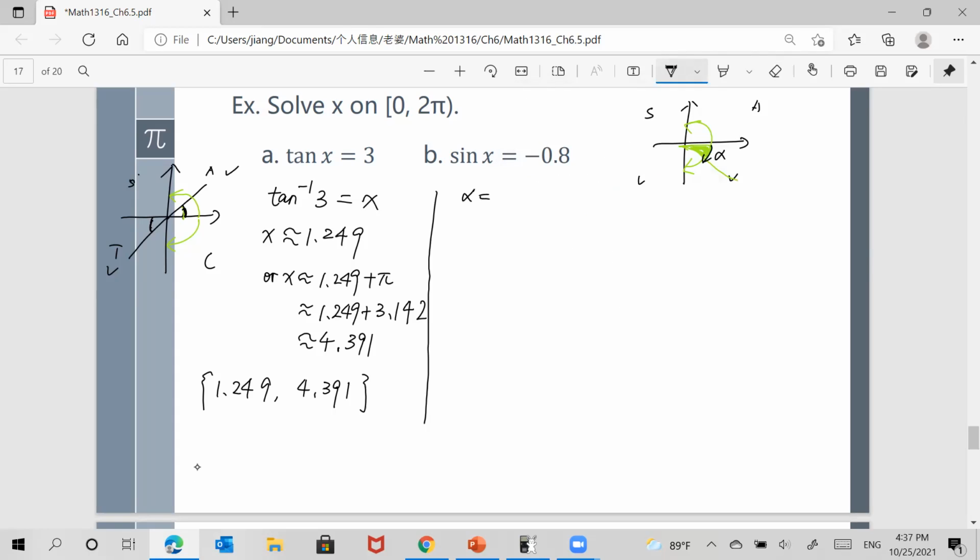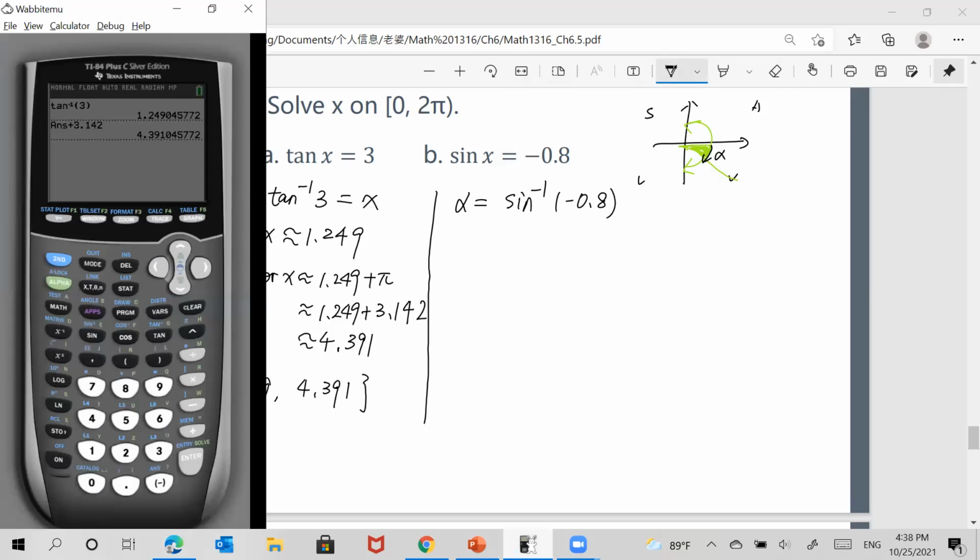Okay, so alpha equals the inverse sine of negative 0.8. Let's use the calculator to see. Clear. Inverse sine negative 0.8, close the parentheses, enter.